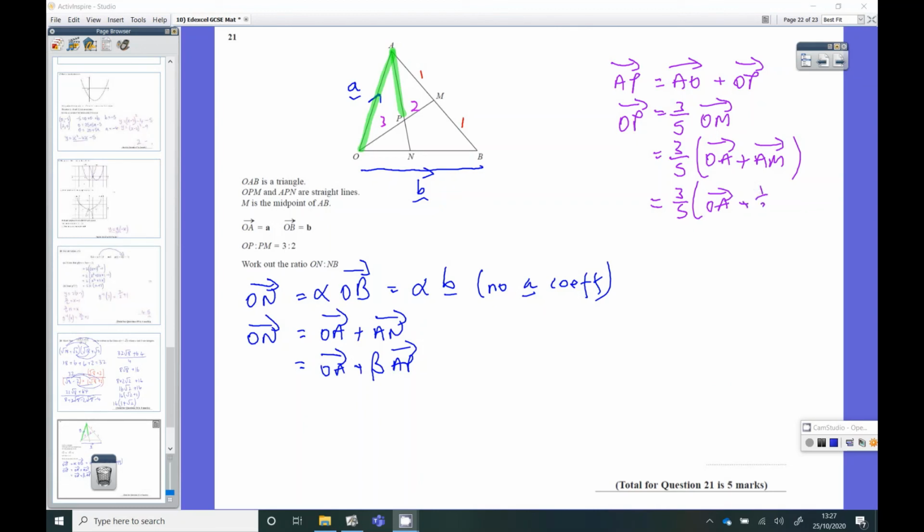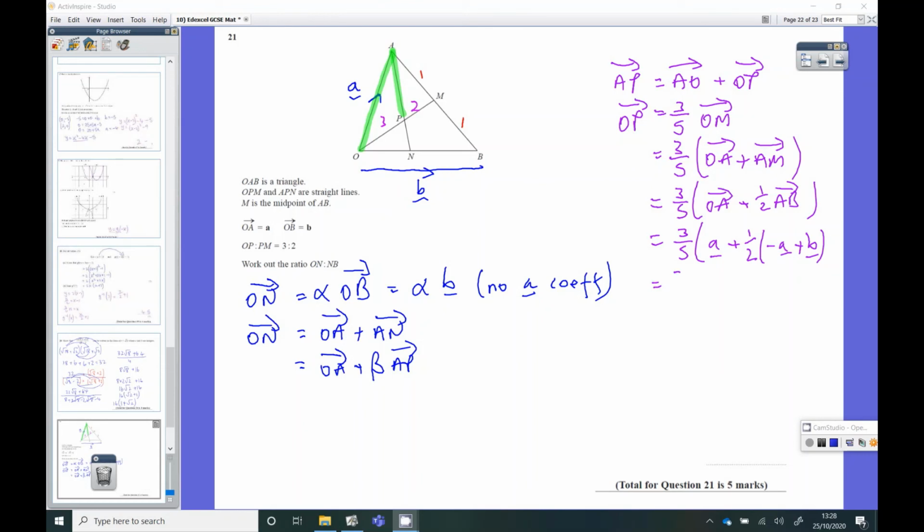So I'm bringing into play all the information I've been given in this question, the ratio of 3 to 2 and the 1 to 1. Now converting all of this into little a's and little b's, O to A is clearly just vector A, and A to B is OA plus OB, which is minus A plus B. Okay, so now we multiply out all this vector.